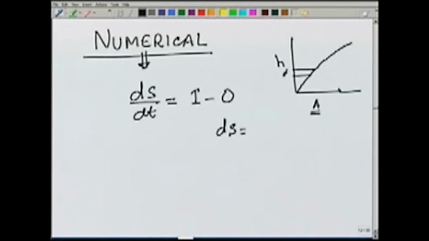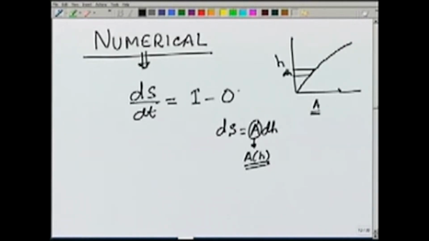So, if we have a little change here dh, for very small change in dh, we can assume that the area is almost constant. So, ds will be given by a dh, and this a will be a function of h. So, we can denote this a as function of h.